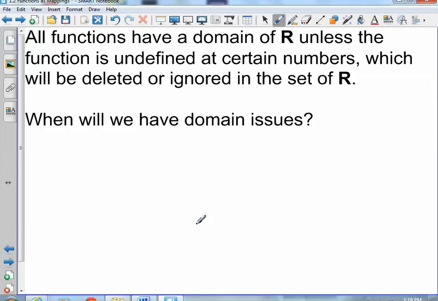Variable in a denominator, and radical. So the denominator of a fraction cannot be 0. You want to write these down. There are only 2 rules. You've used them for years, but everybody seems to forget them.